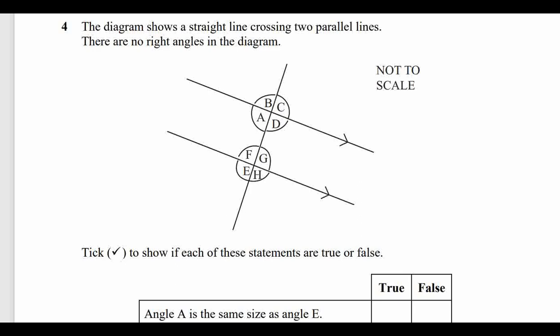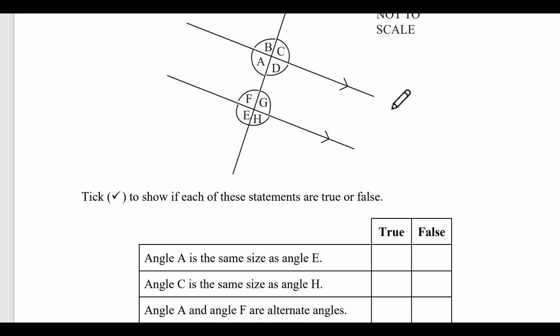Angle A is the same as angle E. So we see that in here, A and E are corresponding angles, in the same position. So they are equal, so it's true for this one.